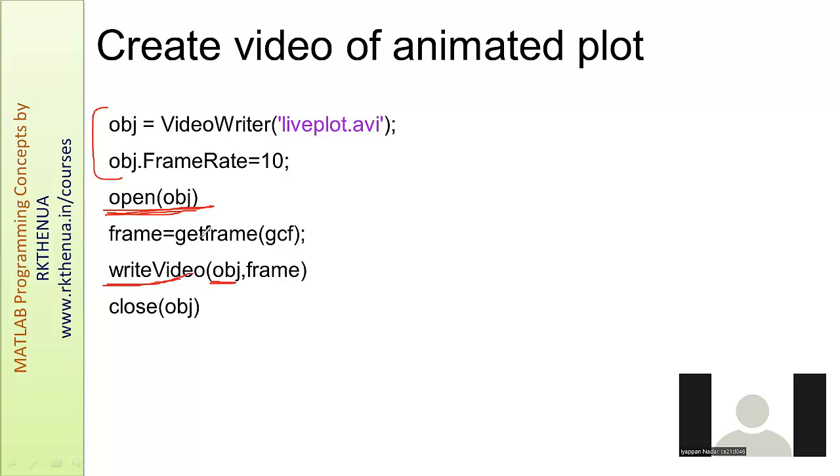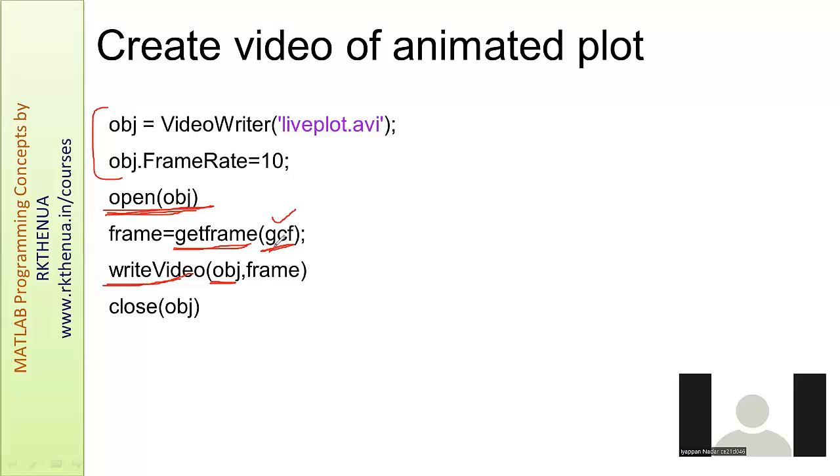But obviously I want to capture the current frame. So we have get frame, and get frame GCF. GCF is not a new thing. GCF is get current figure. So this is the handle of the figure. It captures the current figure, or current axis basically.